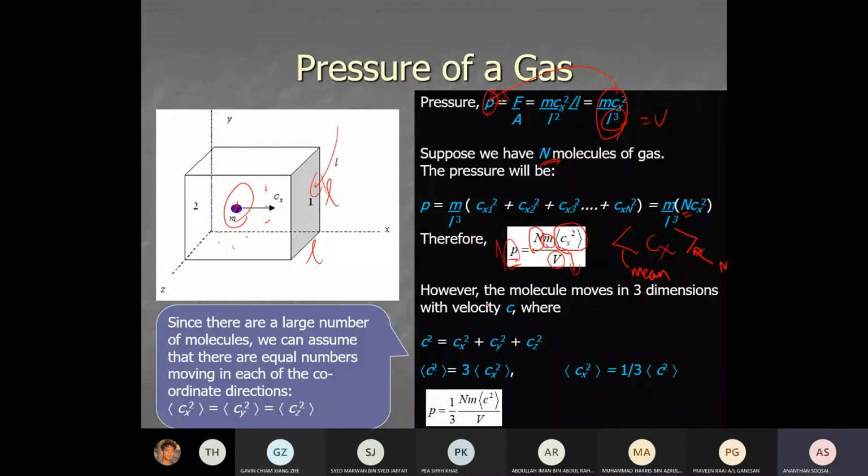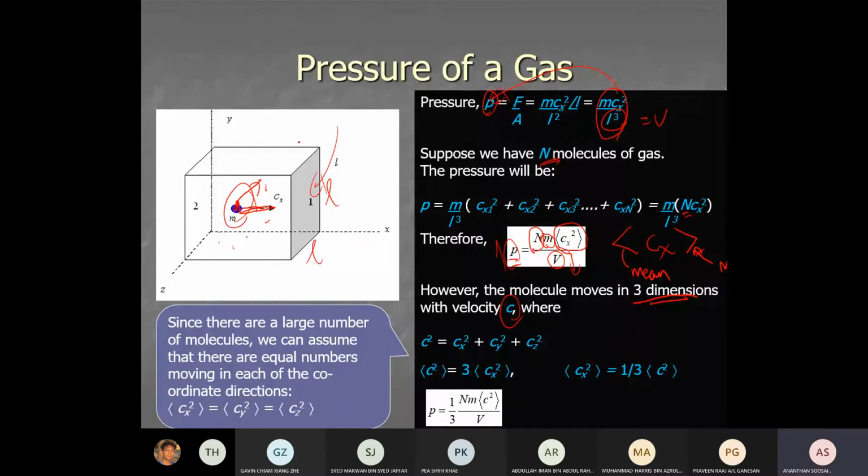Okay, now come to the important point. However, the molecule moves in 3 dimensions with velocity c. The velocity we considered here was only the horizontal component, but in reality, the molecule might move diagonally, into the page or coming out of the page.